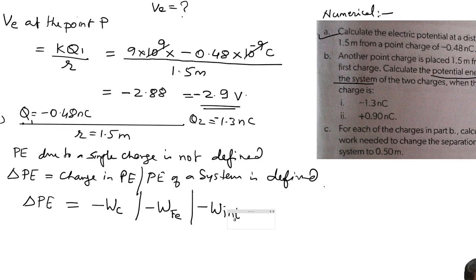In this case we are going to use this formula: potential energy is equal to negative work done.